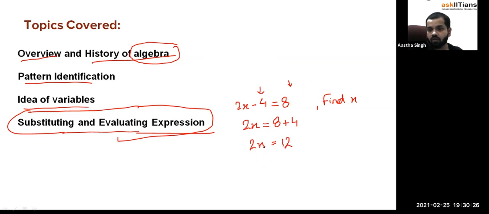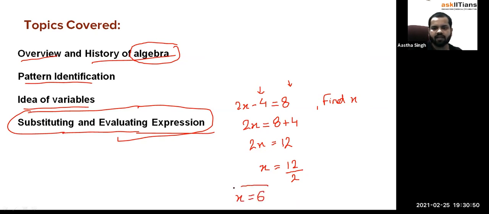Now 2 and x are multiplied here, and you have to find the value of x. So x will be equal to 12 divided by 2, because 2 and x are multiplied, so 2 will be divided when it goes to the other side. Therefore x will be equal to 6.